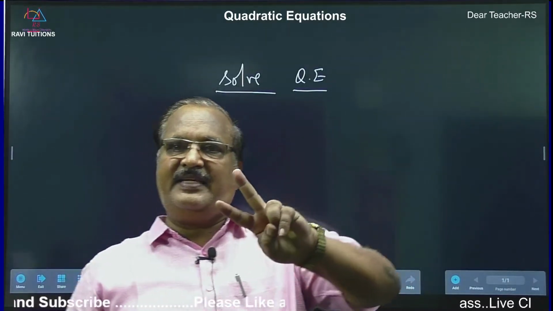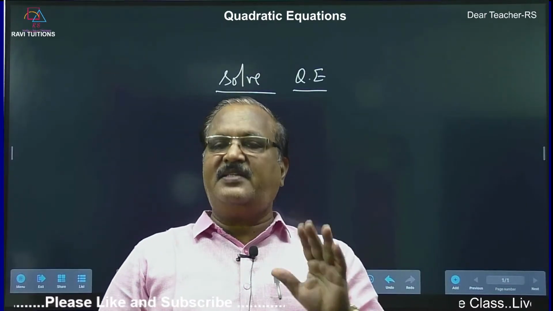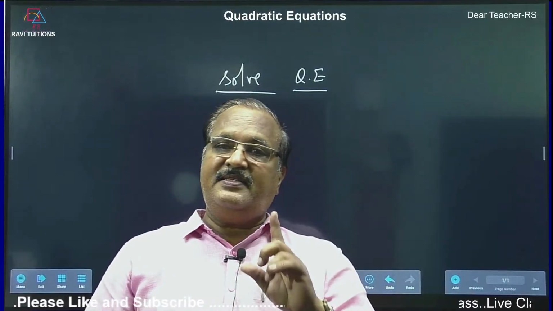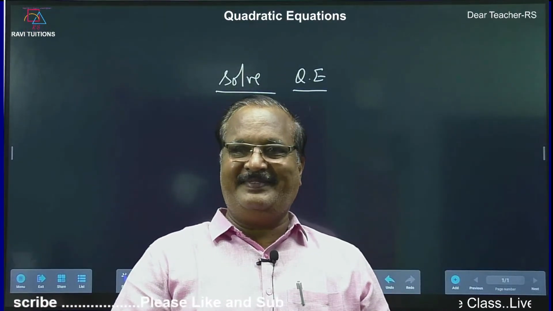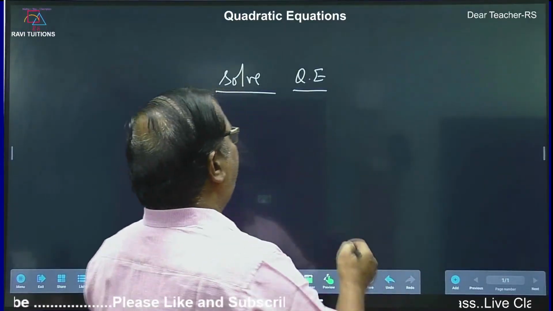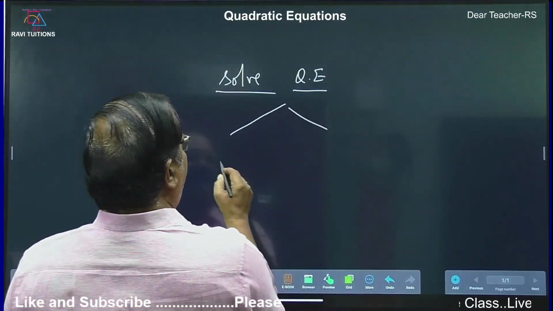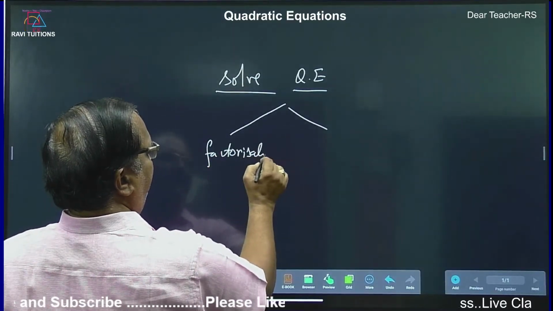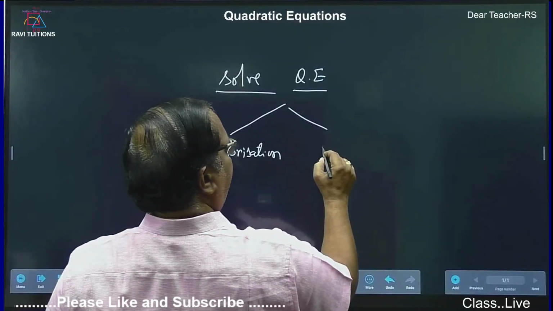So this is the next task. First task, you should identify whether this is a quadratic equation or not. Second task, you have to solve. So for solving, there are n number of methods. Okay, there are two methods usually. One is the factorization method, the other one is the formula method.